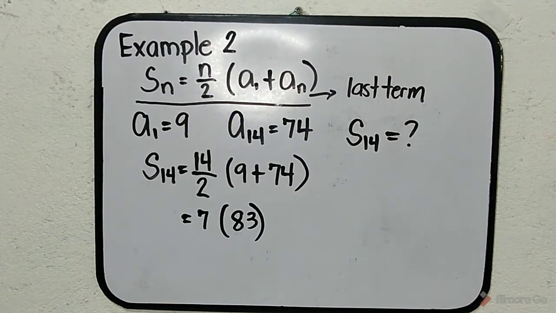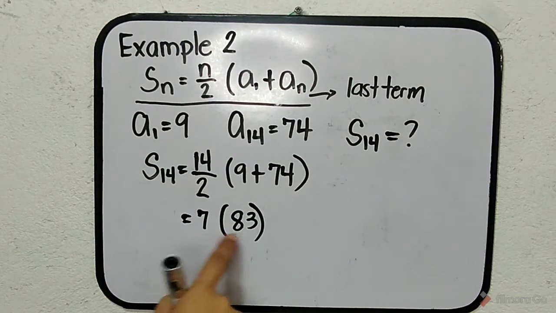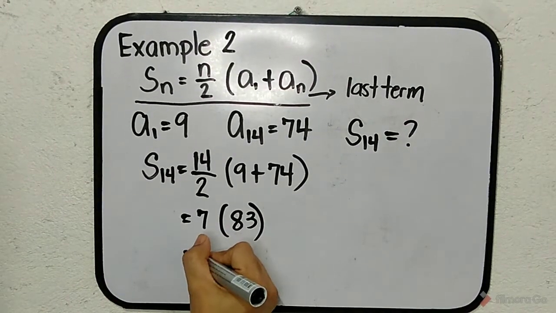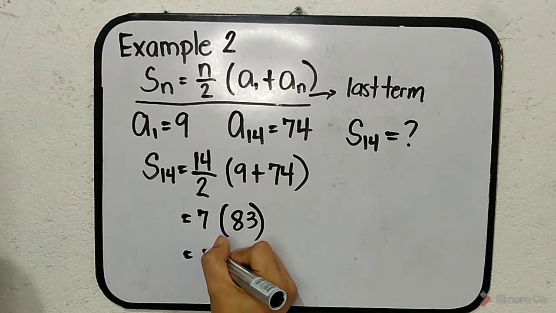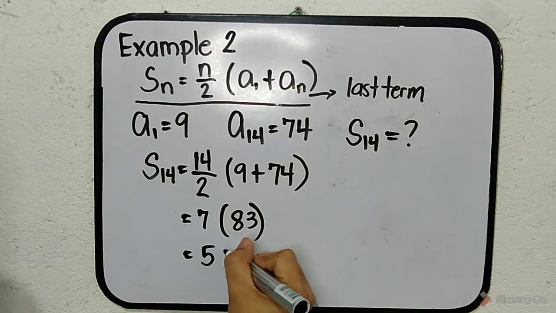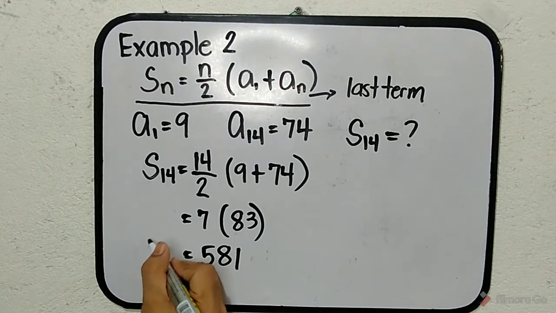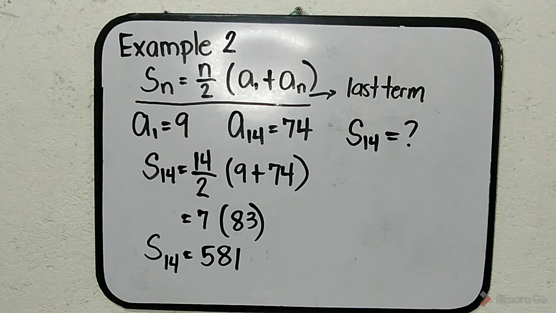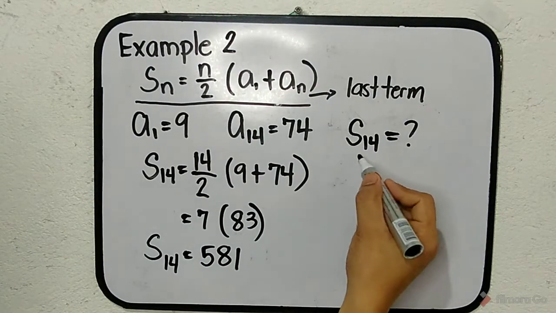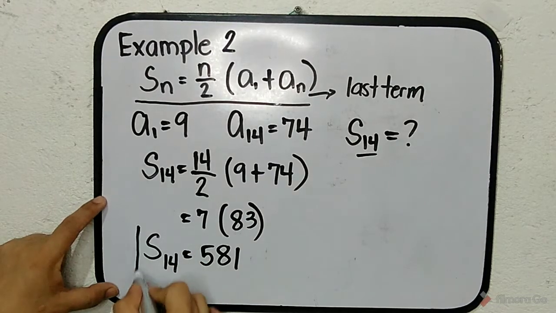Let's have the product of 7 and 83. 7 times 83 class, so that is 581. Therefore, our S sub 14, or the sum of the first 14 terms ng given arithmetic series, ay 581.